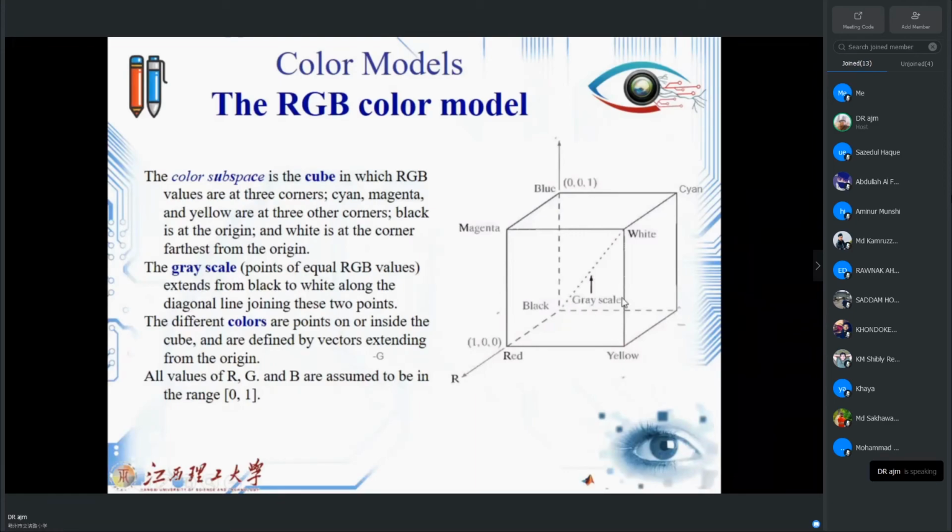And in that, we have equal values for R, G, and B, along the diagonal line joining these two points, which gives us the line between black and white. The different colors are points inside the cube and are defined by vectors extending from the origin. The R, G, B values are assumed to be in the range of 0 and 1. Okay, that was the cube.